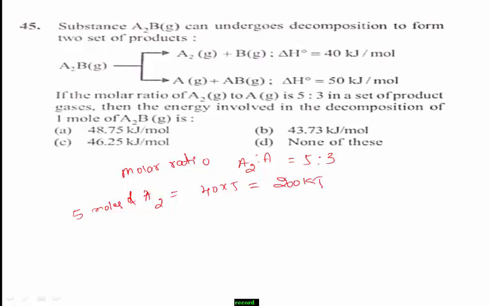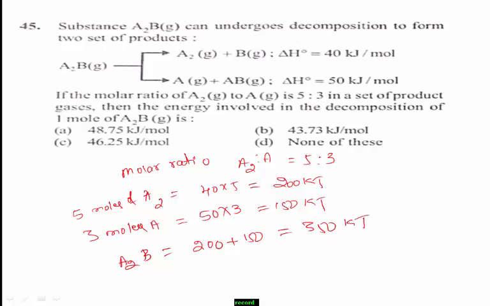Energy involved in the formation of 3 moles of A is equal to 50 into 3, that is 150 kilojoule. Total energy involved in the decomposition of A2B is 200 plus 150, that is equal to 350 kilojoule.